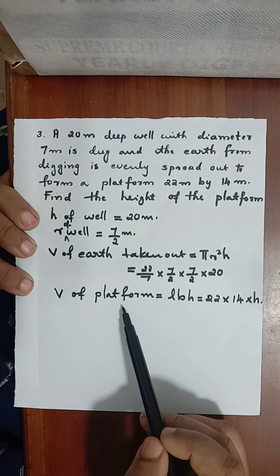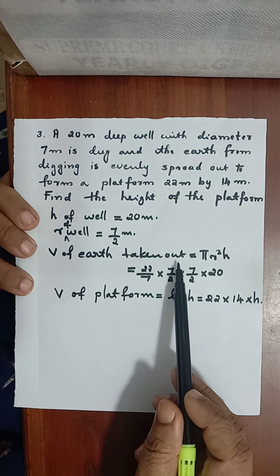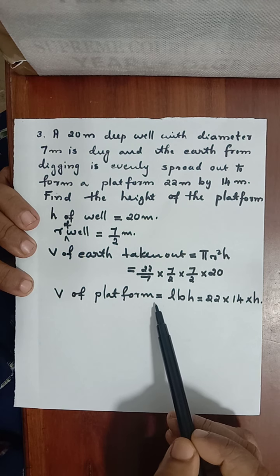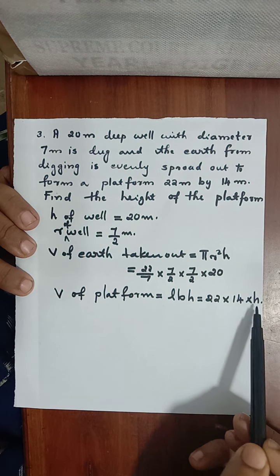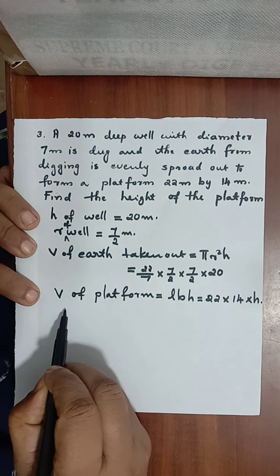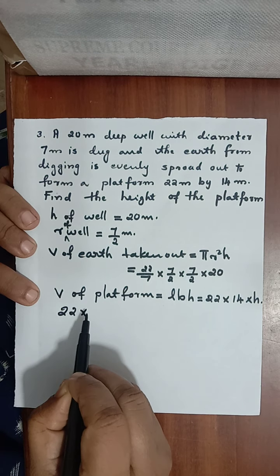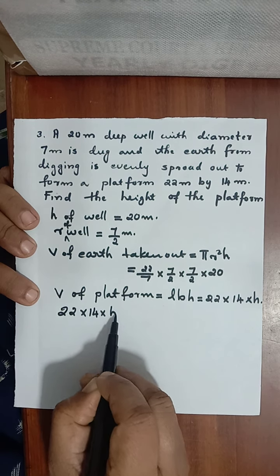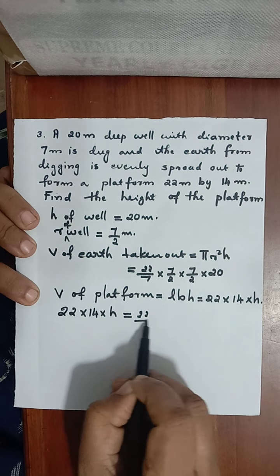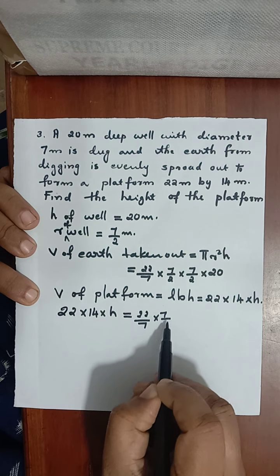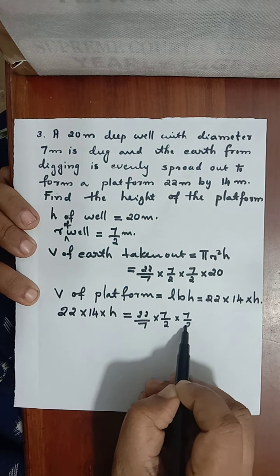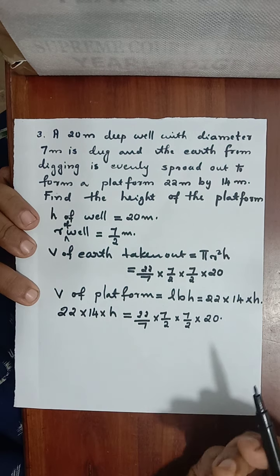So these two values are equal. Volume of earth taken out will be equal to volume of platform. That is, volume of platform is 22 into 14 into H is equal to 22 by 7 into 7 by 2 into 7 by 2 into 20.